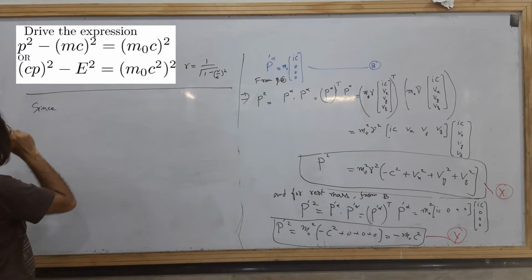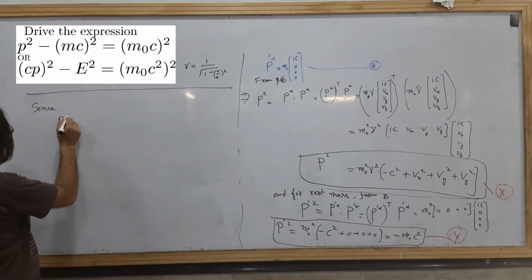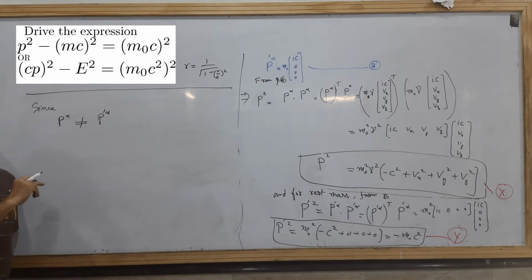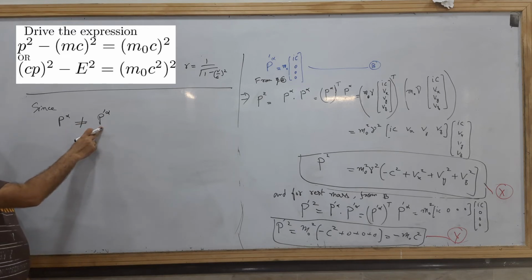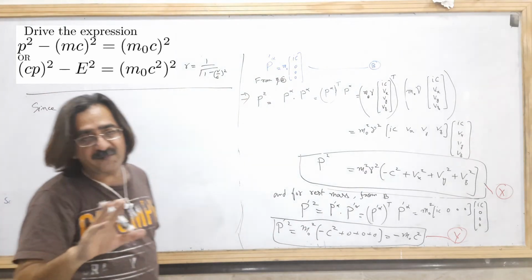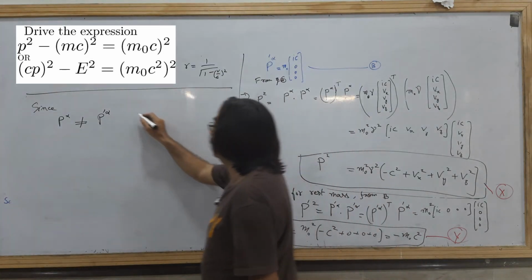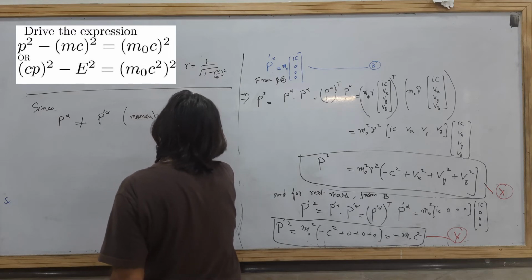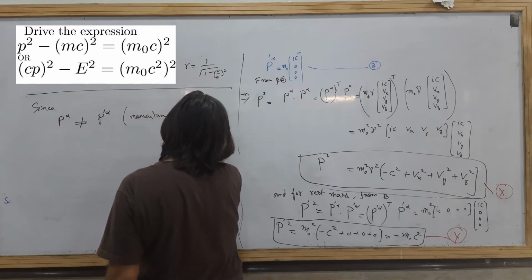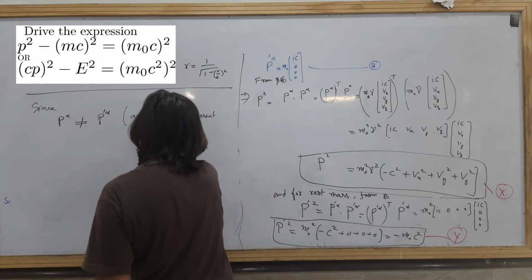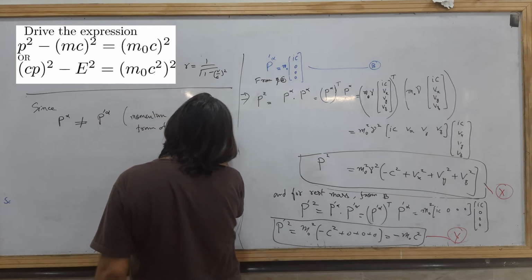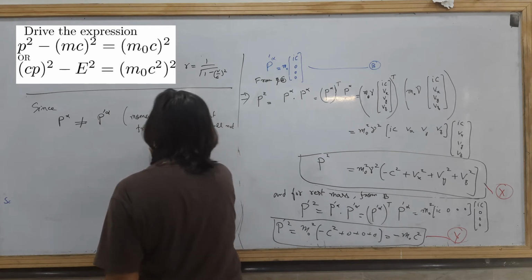Since P alpha and P alpha prime, they will not be the same. Momentum in different frames of reference will not be the same.